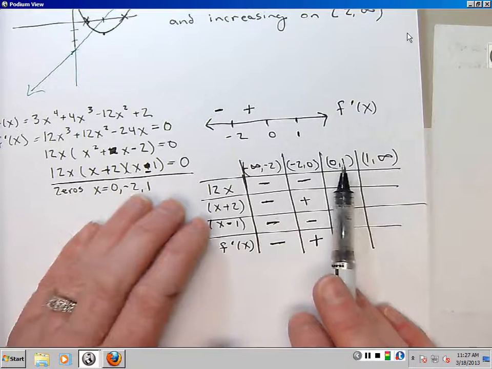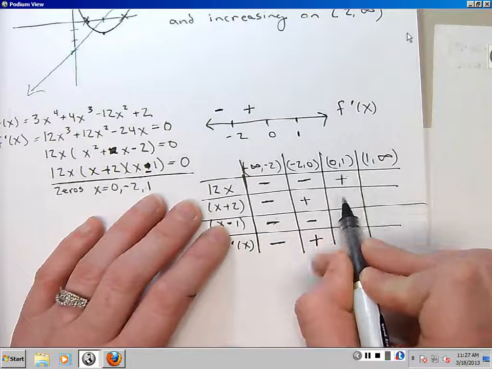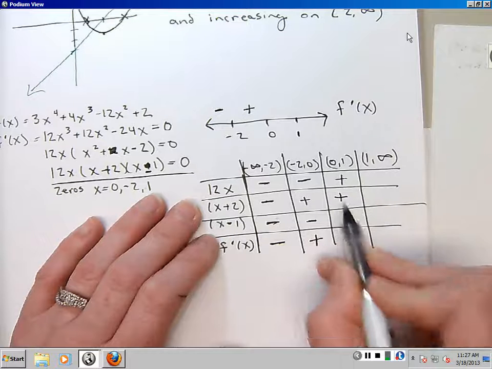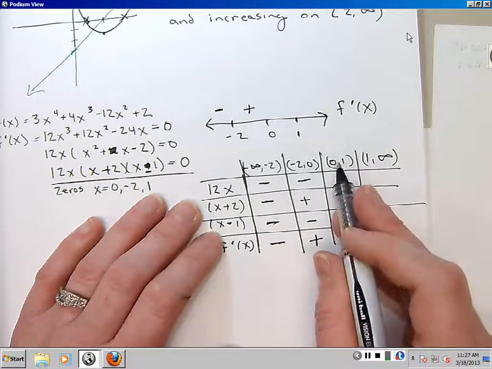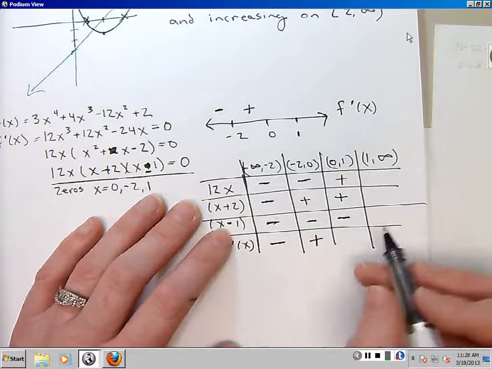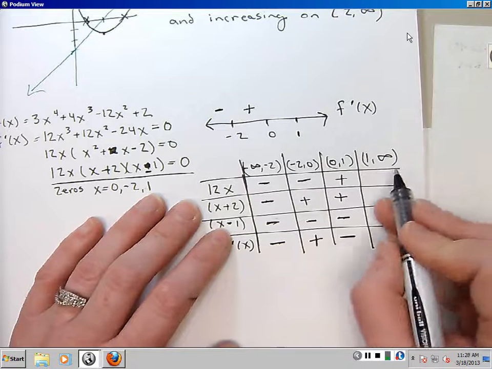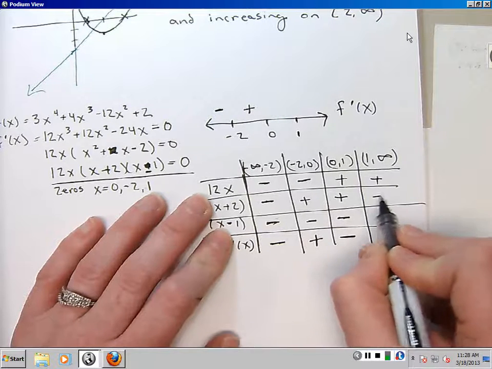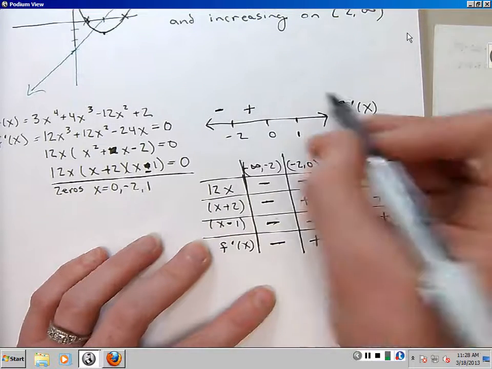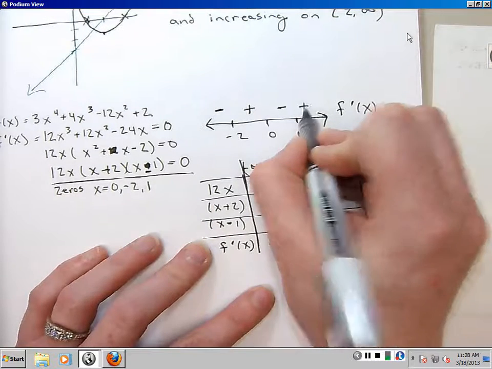So if I'm here, I'm positive, right? Positive, positive, negative. Right? Because that would be like a half minus 1, which is negative. Which would be negative. And then here, I'm positive, positive, positive, positive. So then this would be negative, this would be positive.